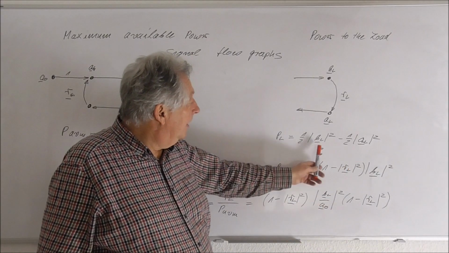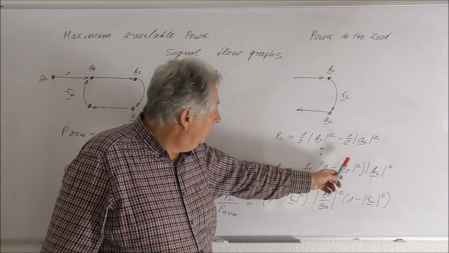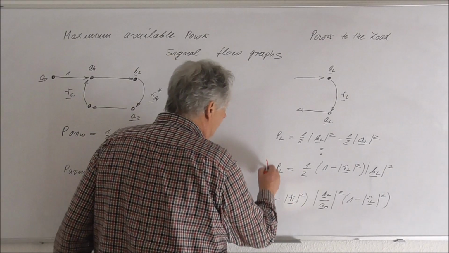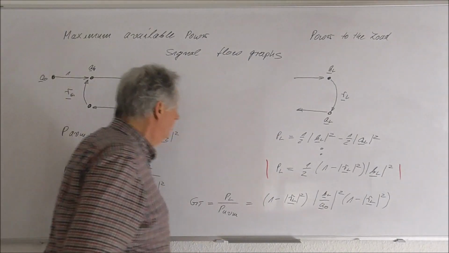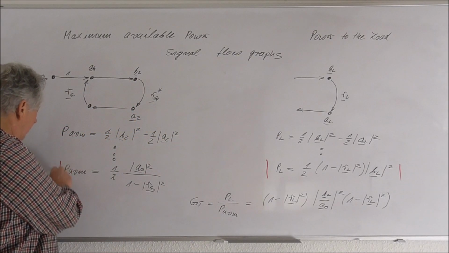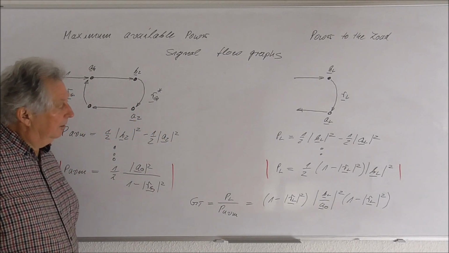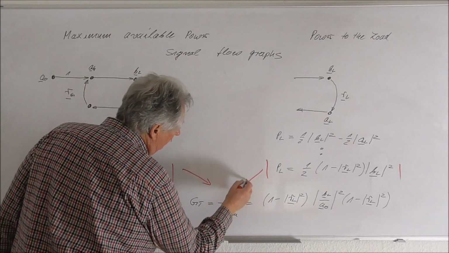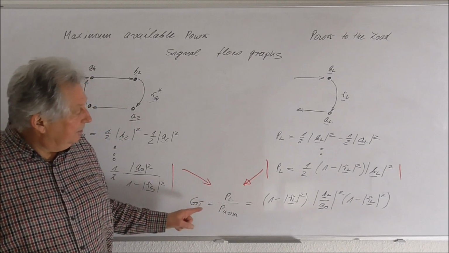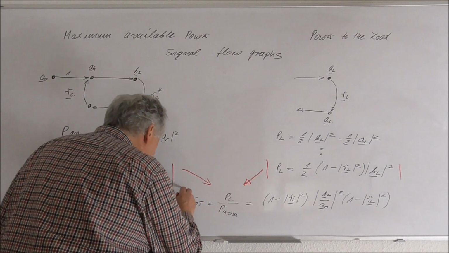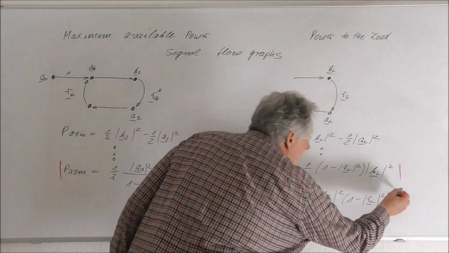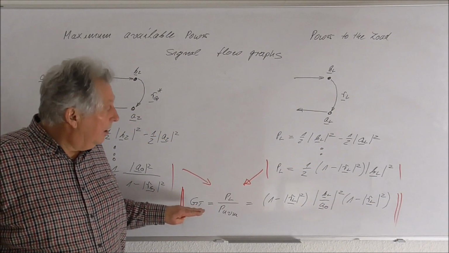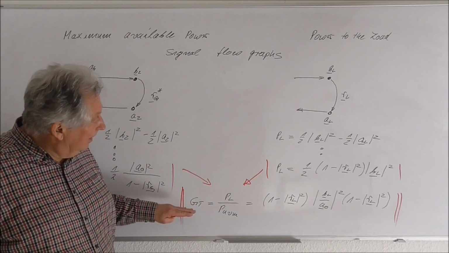After some mathematical reformulation, we end up with this equation. So we have here an equation for the power of the load, and here an equation for the maximum available power, and both equations must now be inserted in this equation, and then we end up with this equation for the transducer power gain of our amplifier.